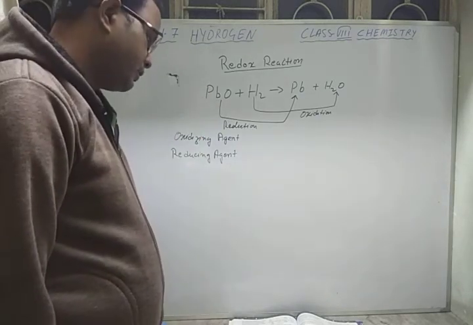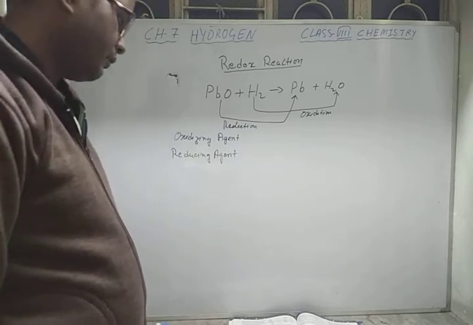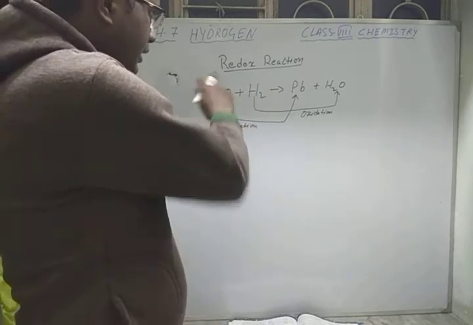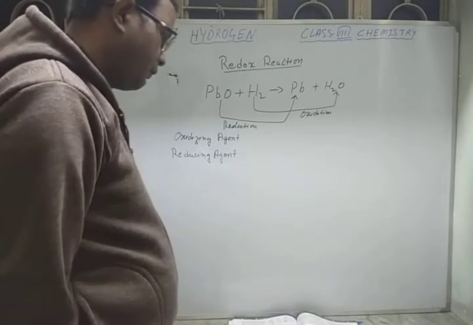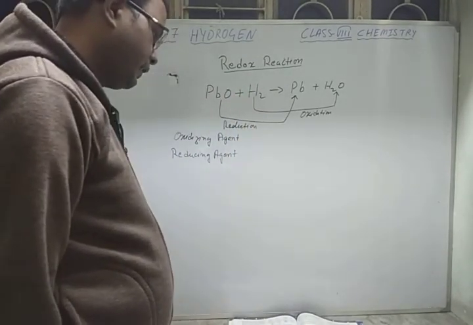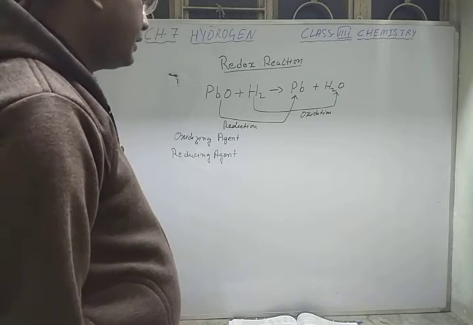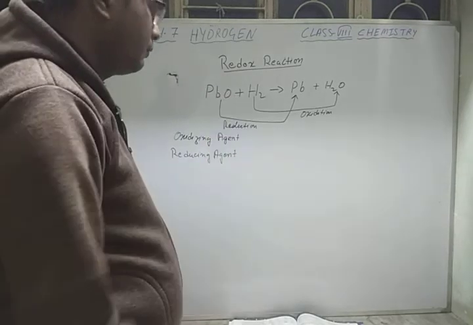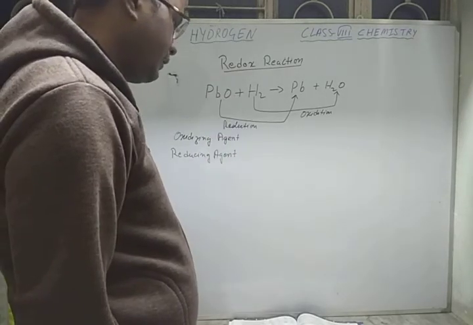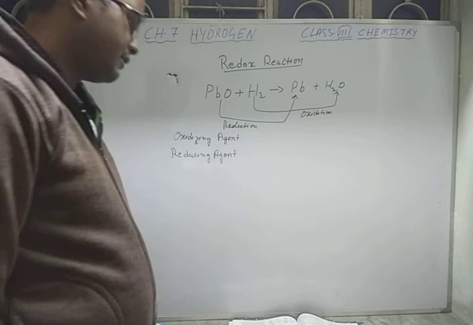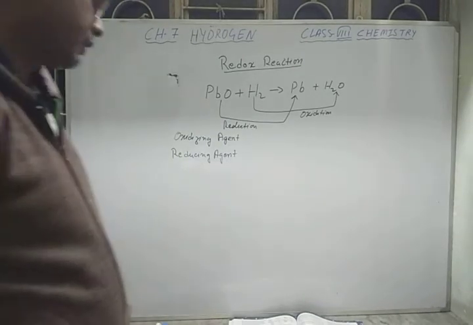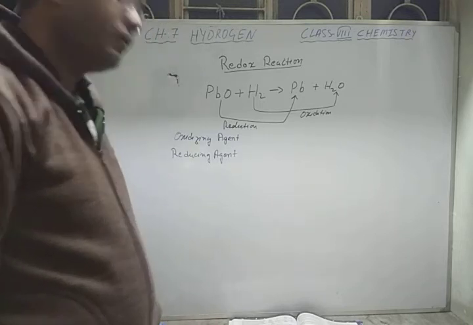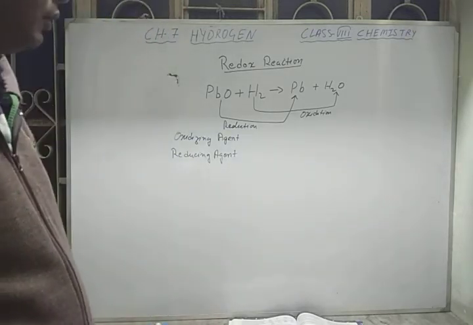So it gets reduced to form lead, while hydrogen gains oxygen to form water. Okay, so hydrogen oxidizes to form water. So we can say that lead oxide contributes oxygen to share with hydrogen to form water.